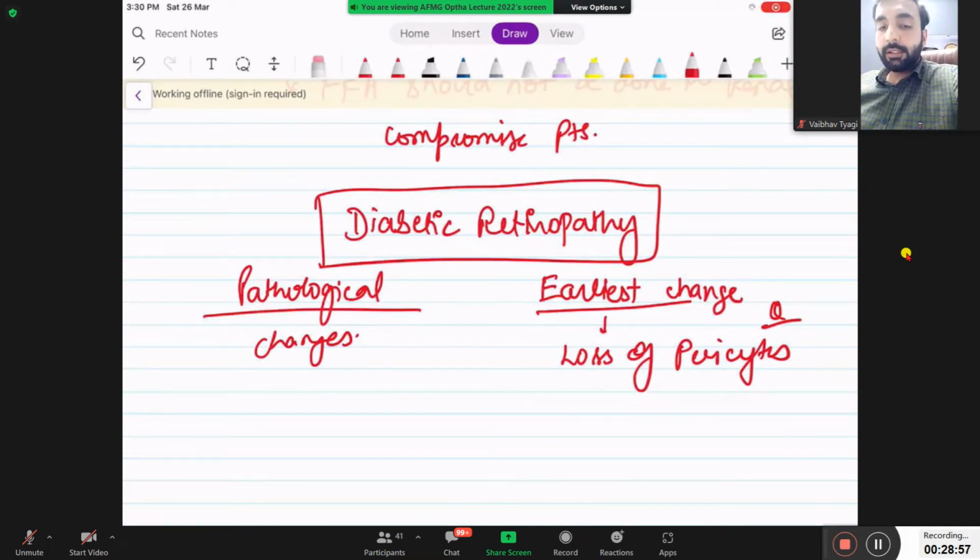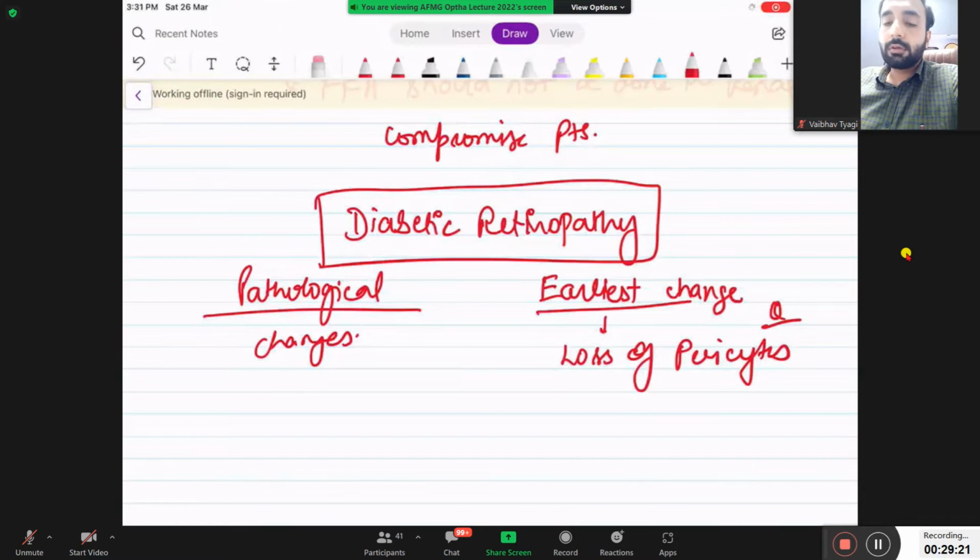Now obviously when there is loss of pericytes from the blood vessels, capillaries, what will happen? There will be leakage of blood. Okay, so what happens if there is chronic leakage? What passes through your blood? Oxygen, right?